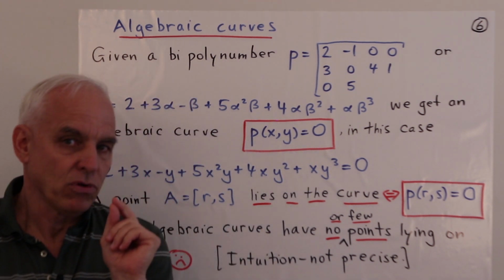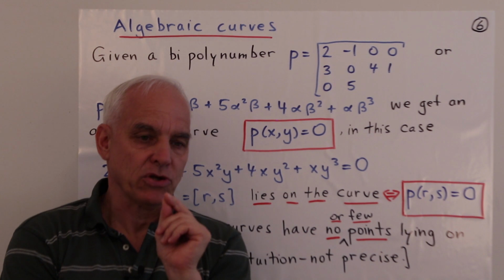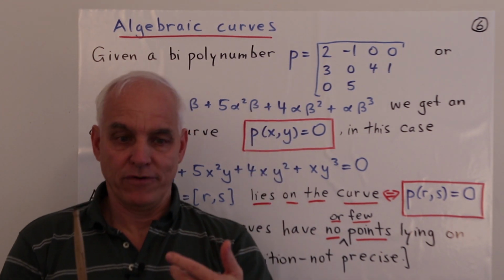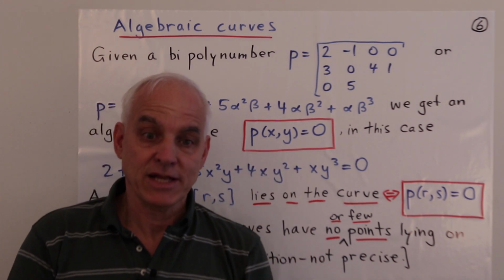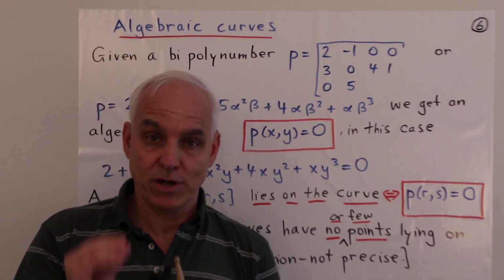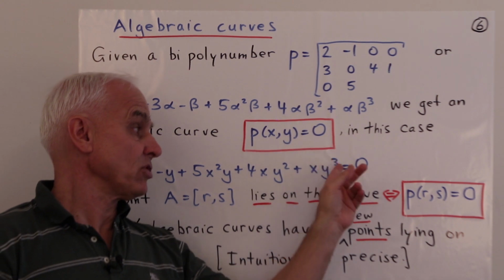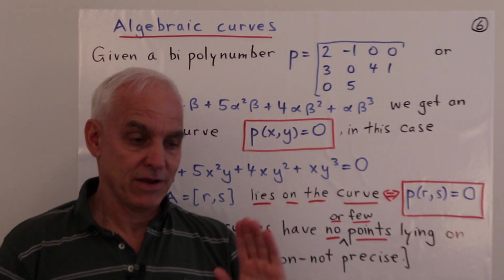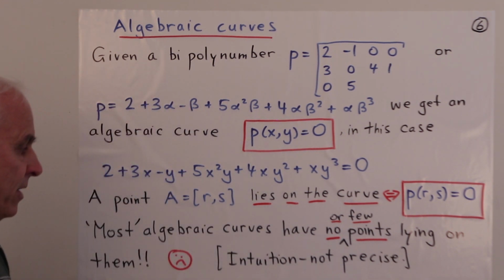But we should not be fooled by this, right? We should not be fooled by the picture into thinking that just because the computer shows us a picture of an algebraic curve and there are lots of points, that there are actually lots of points on that curve in the precise sense that we're talking about here. That's delusional. So we have to separate that in our minds.